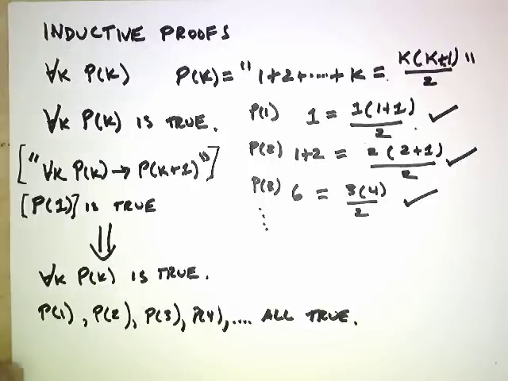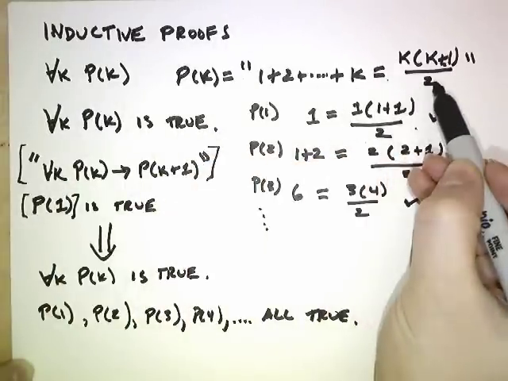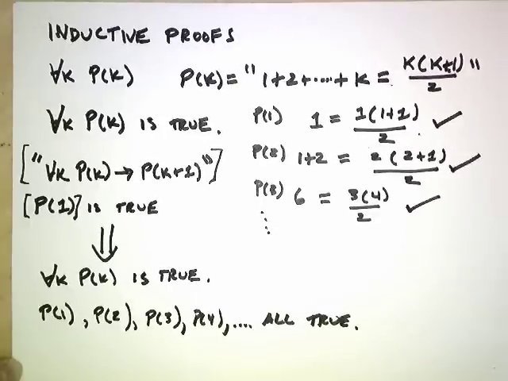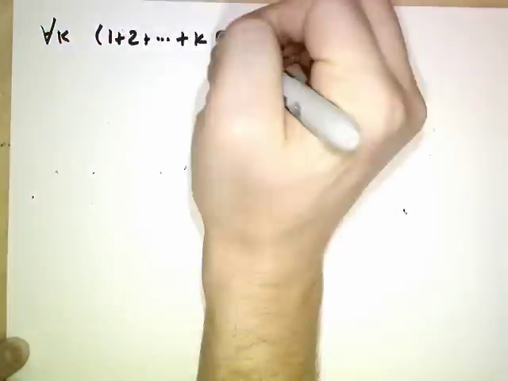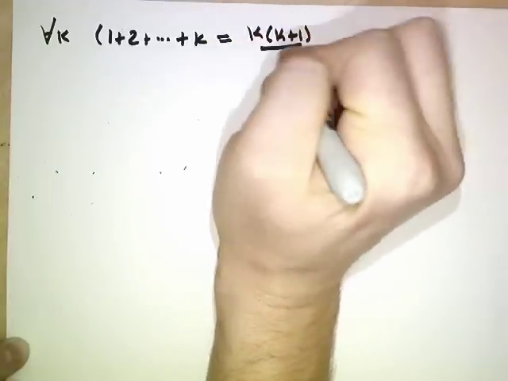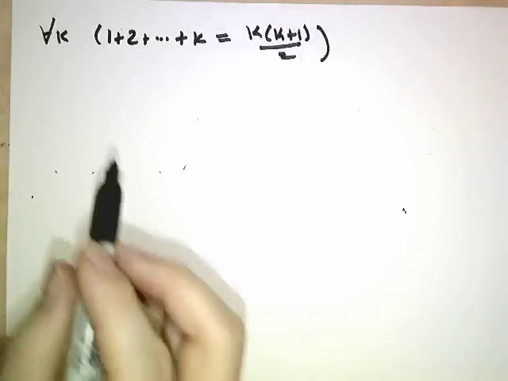So now let's use this strategy to actually prove that for all k, this sum obeys this particular identity: 1 plus 2 plus ... plus k equals k times k plus 1 over 2, using a proof by induction.